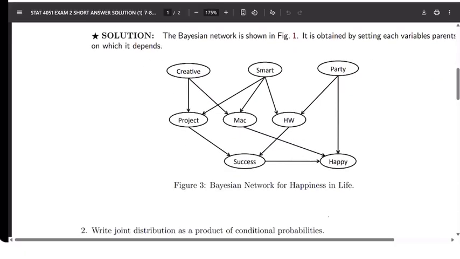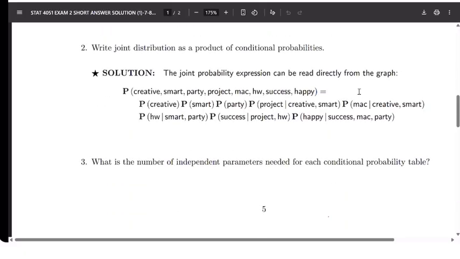You follow it: probability of creativity, multiplied by probability of smarts, multiplied by probability of party, multiplied by probability of project depending on creativity and smart, multiplied by probability of mark depending on creativity and smart, multiplied by probability of homework depending on smart and party, multiplied by probability of success depending on project and homework, multiplied by probability of happy depending on mark and success. That is what I did here.